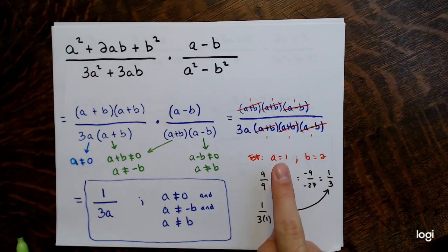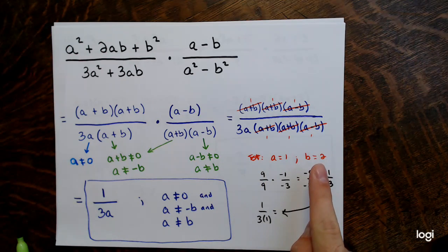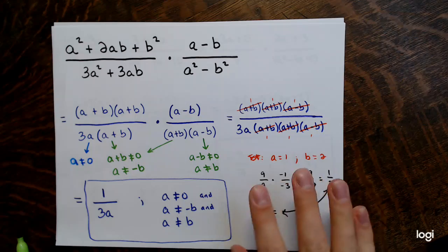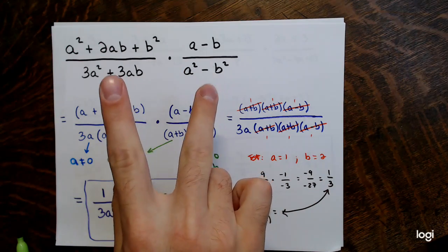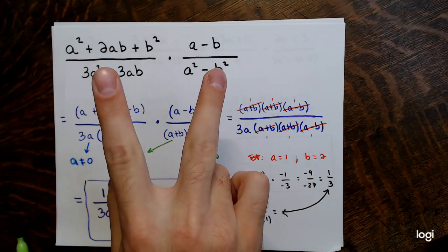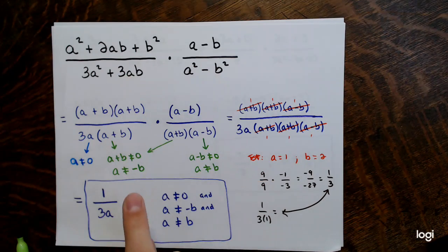So I could have a be 5 and b be 7, or a be 100 and b be -10. The possibilities are endless, and you plug them in up here, and you will see that this product will be equal to when I plug in a down here for this little fraction. All right, so that's all I've got.